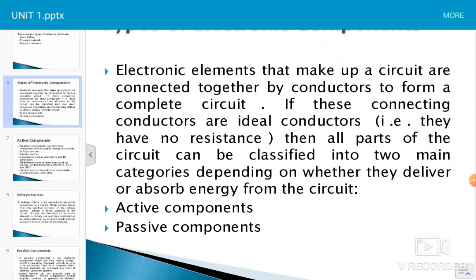The electronic component, I repeat once again, this is the main point, might be resistance, capacitor, inductor, or diode, transistor, etc. It might absorb the energy or deliver the energy.